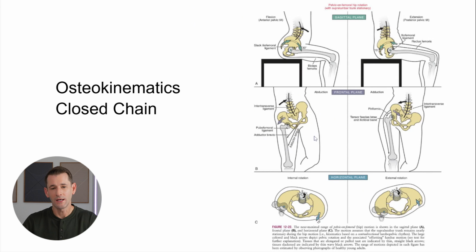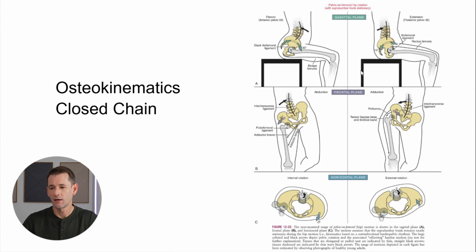So if you are standing on your right limb and you bring your left limb off of the ground, so you hike the left side of your pelvis, that's going to be relative abduction on the right side. So let's review that one more time. If I'm standing on my right leg, when I pick my left foot up and I hike that left hip up, that's going to be abduction on my right leg.